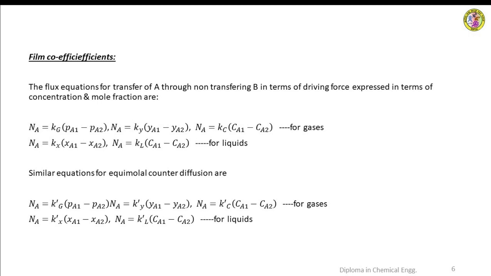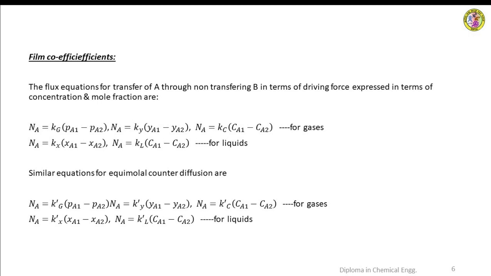That DAB P by RTZ YBM can now be written in a short form as a single term called ky, which represents the individual mass transfer coefficient with respect to gas phase. Similarly, Na is equal to kc into Ca1 minus Ca2 for the same case.